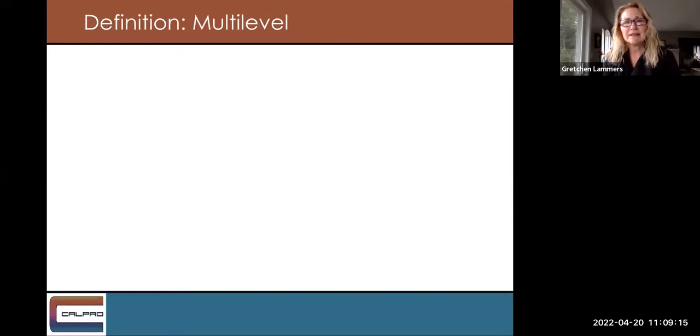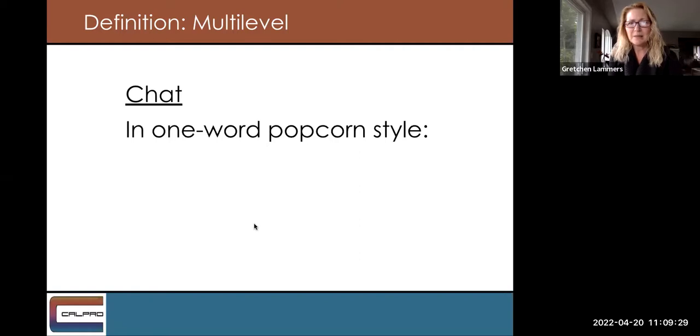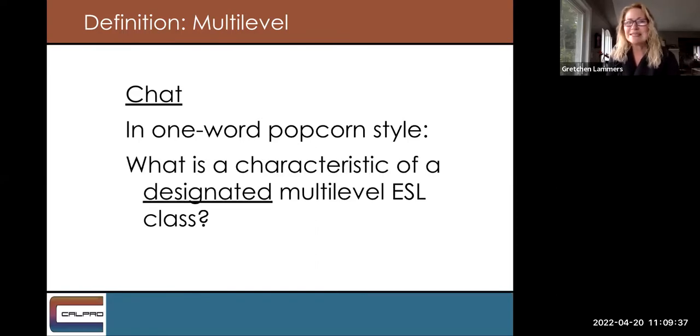So before we get going too deep into this, we want to define multi-level or attempt to define multi-level. So if you could go down to your chat box and please type in a one word or a one hyphenated word or a phrase, popcorn style. What is a characteristic of a designated multi-level ESL class?